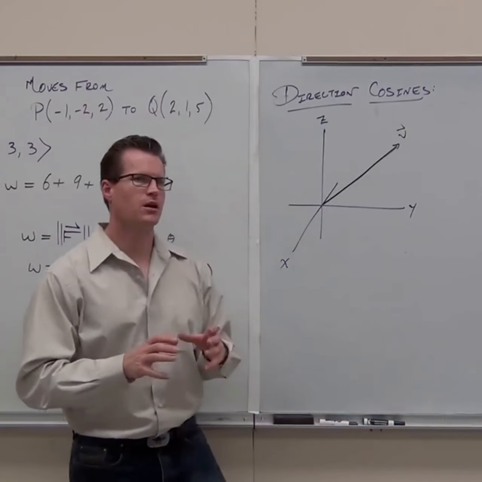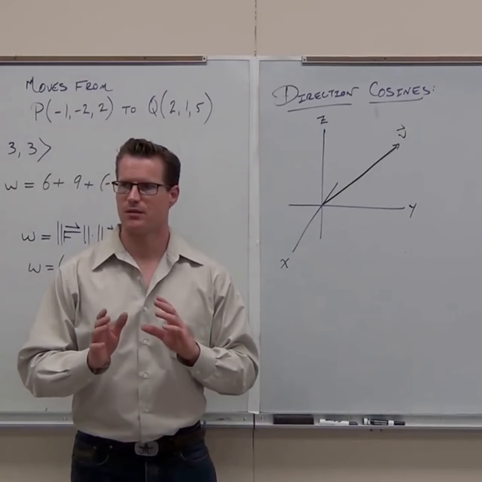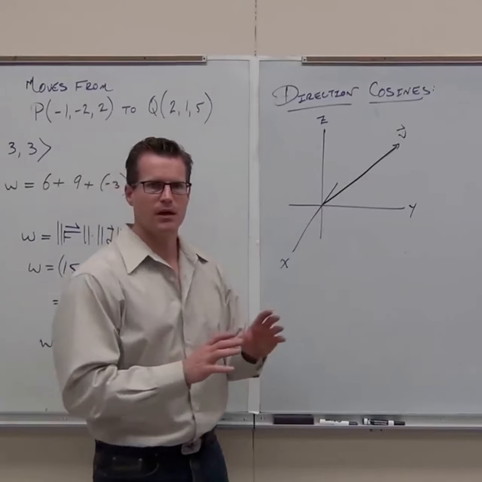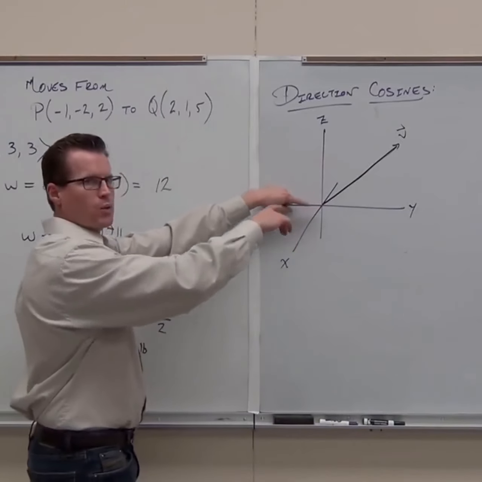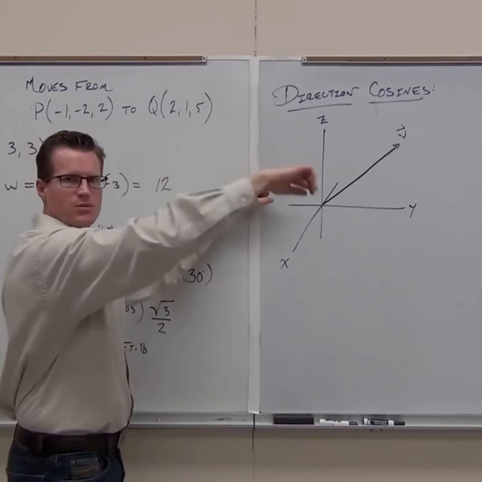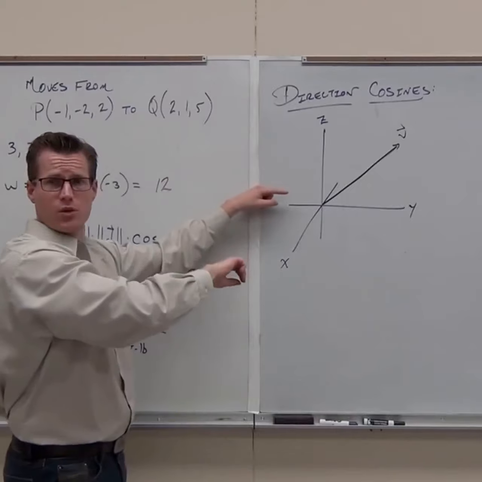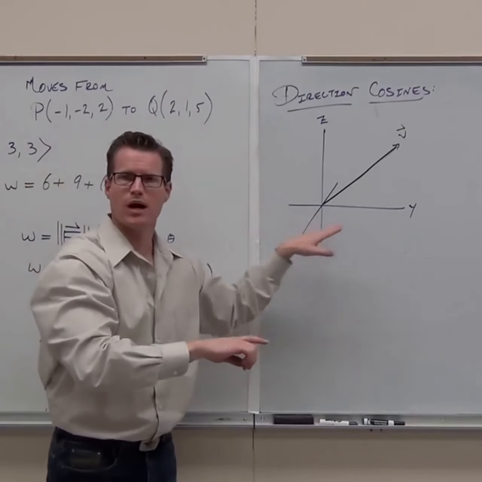We're going to first talk about the angle this would make with the x-axis. Trust me, you got to listen right now, otherwise it's not going to sink in. Imagine this vector making a cone around the x-axis. Can you picture that right now? It is going to intersect the xz plane and the xy plane.